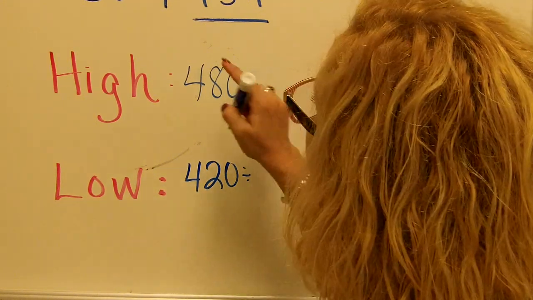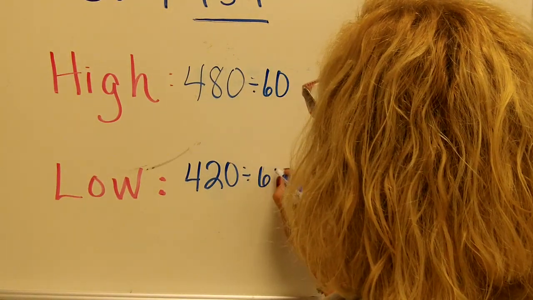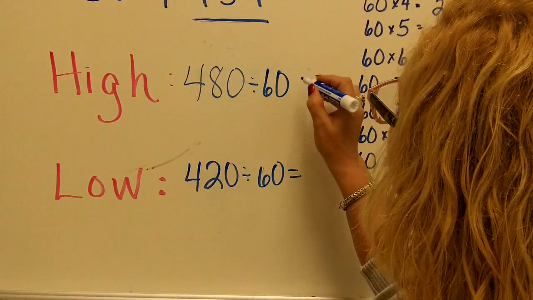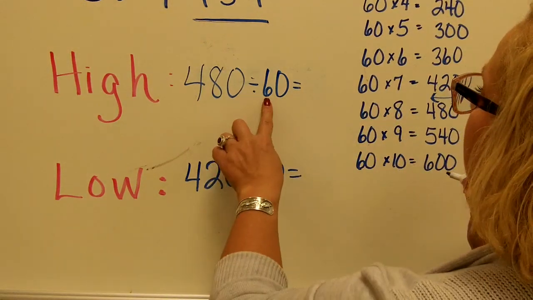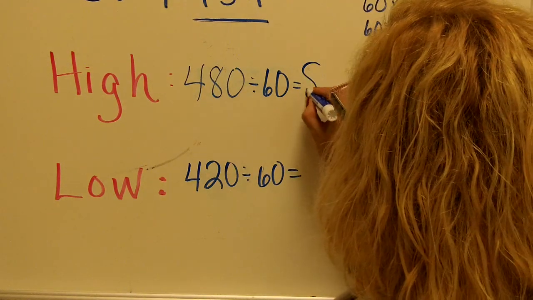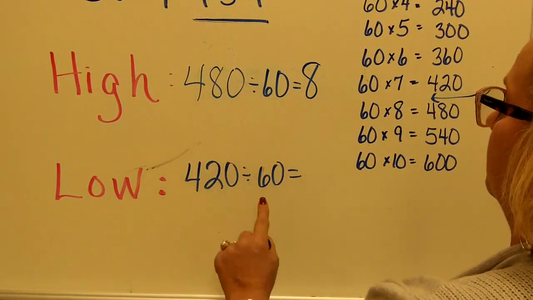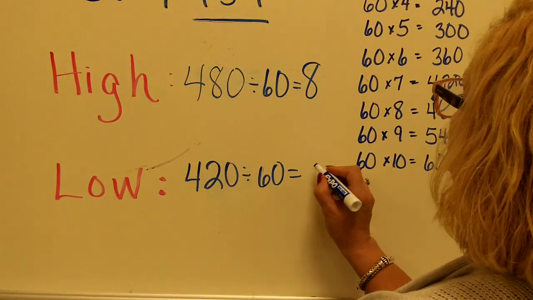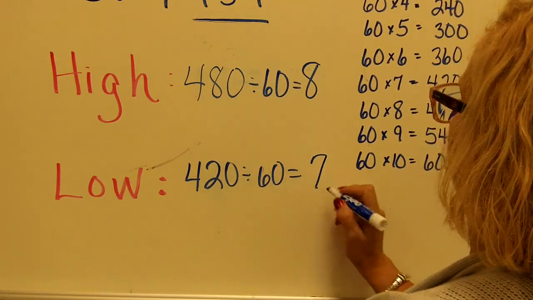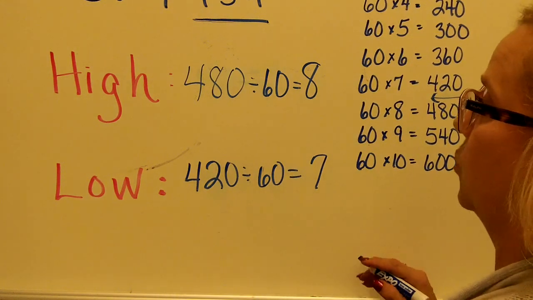And I am dividing by 60, and I know that 6 will go into 48 8 times, and 8 times 60 is 480. 6 will go into 42 7 times, and 7 times 60 is 420.